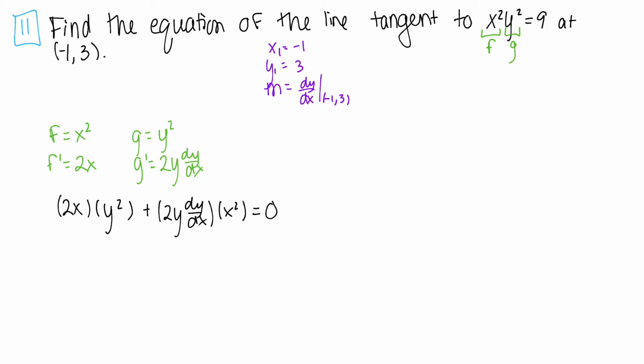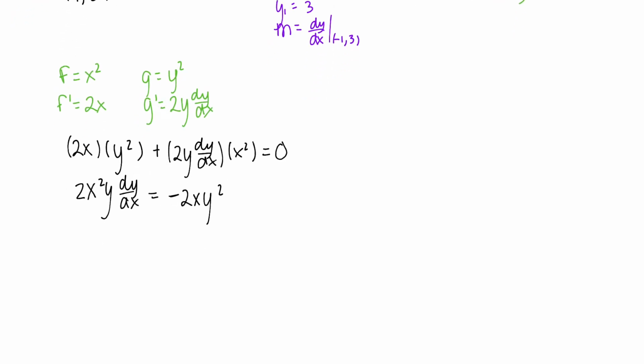Right? So I'm going to go ahead and move the 2xy squared to the other side, we have on the left side 2x squared y dy dx equals negative 2xy squared divided by 2x squared y.